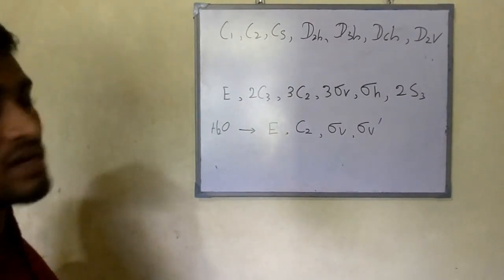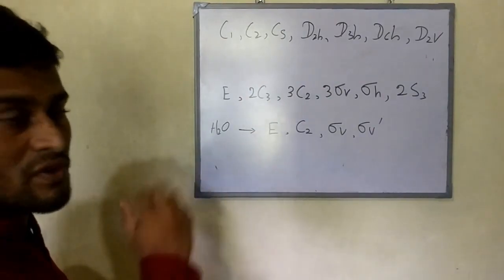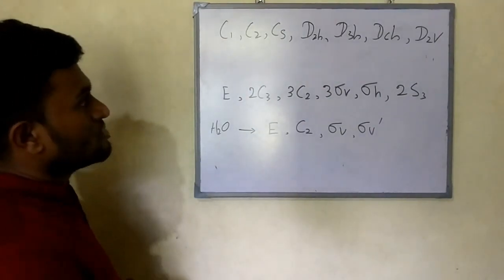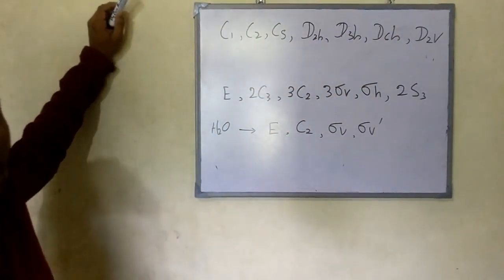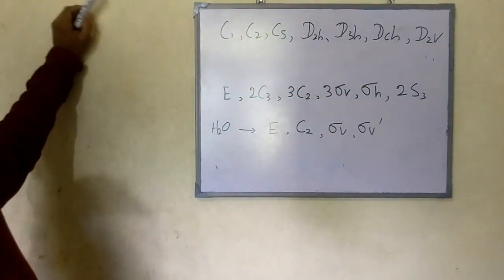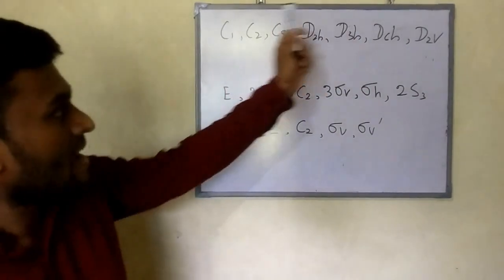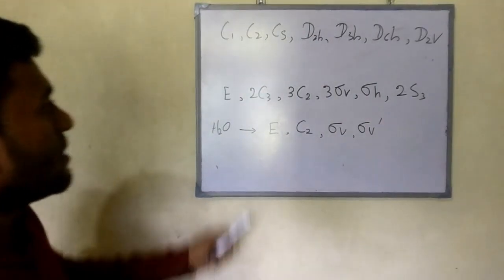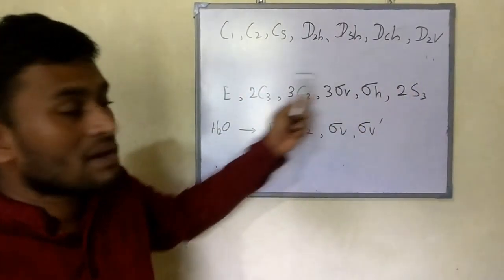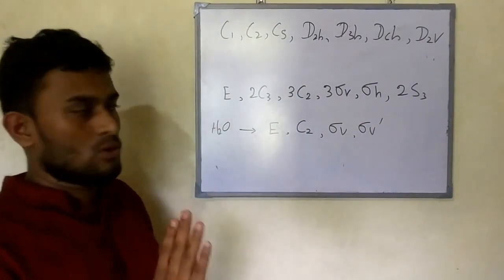So you need to determine which point group they are going to fit. When you see these point groups, you can clearly see that there are only two types, C and D. First you need to determine whether each set of symmetry operations belongs to the C group or the D group.